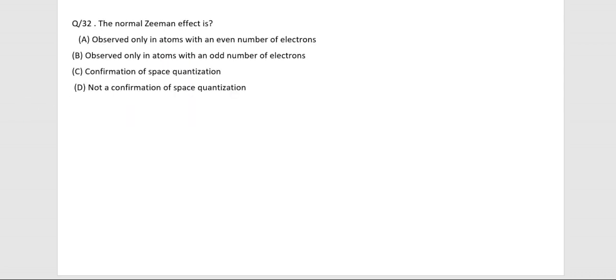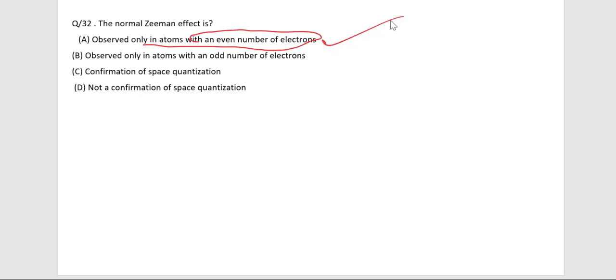This is correct. Next question is, the normal Zeeman effect is given by which of the following options? Observed only in atoms with an even number of electrons.